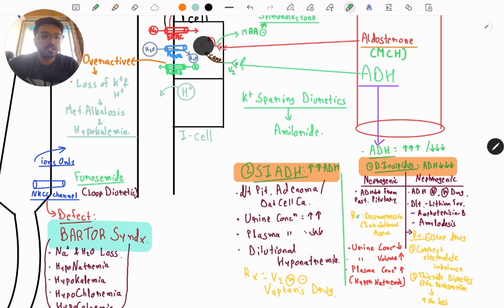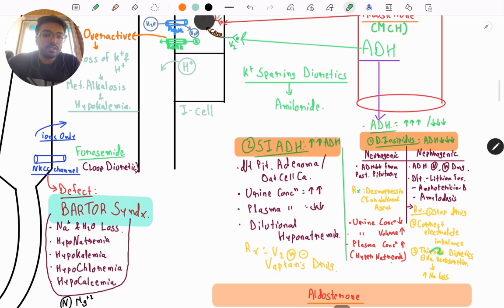The pharma portion here will be for this nephrogenic diabetes. We can stop the drug which is causing this. Next will be correcting the electrolyte imbalance, because there will be no sodium and water being reabsorbed, so it is going to have more of our hydrogen and potassium in our body. Then we can give thiazide diuretics, which will inhibit the sodium reabsorption and increase the sodium loss.